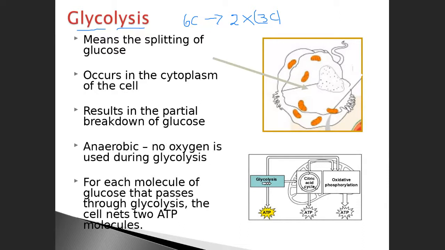It's 3 carbons big. That's a hint. Who knows? Fructose? No, not fructose. Pyruvic. That's right, pyruvic acid. So you have 2 of those. The ending product is 2 pyruvate or 2 pyruvic acid.